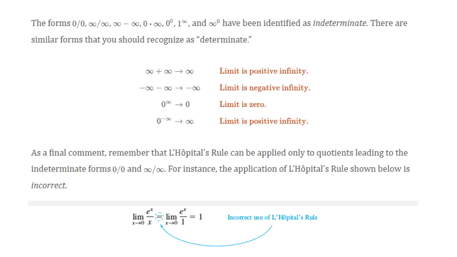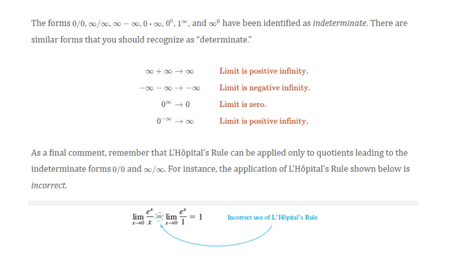Sometimes we have to use L'Hopital's rule more than once. And once you get your limit, for those last three, remember you have to exponentiate with an e so that you turn your natural log y statement equals whatever numerical value you came out with back into just y, because y was the original limit.